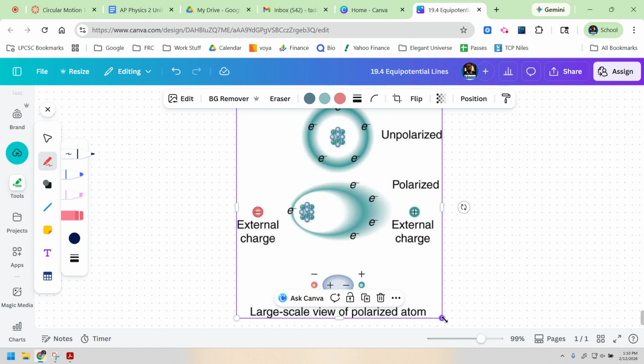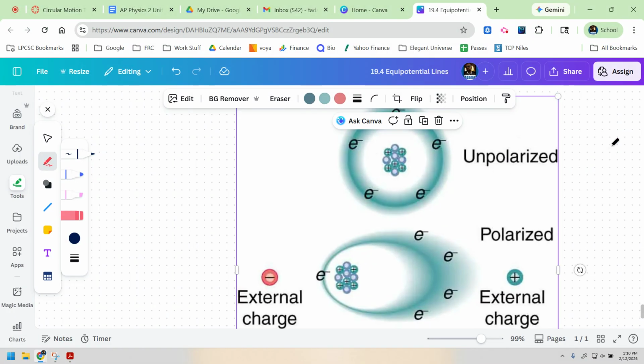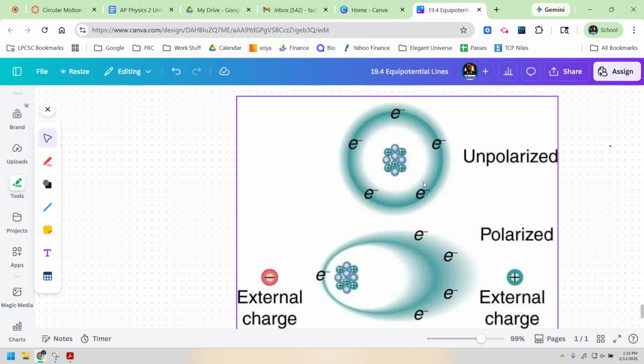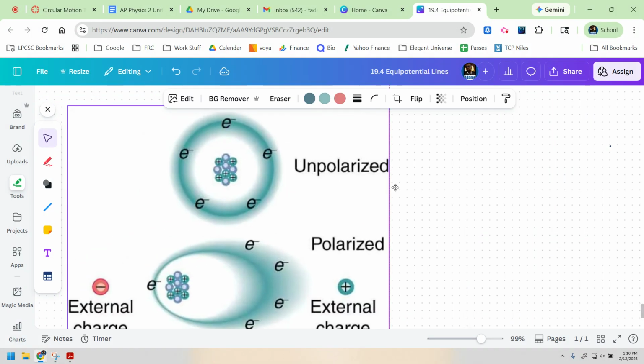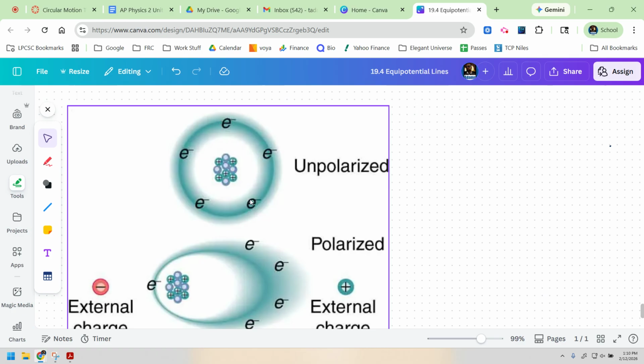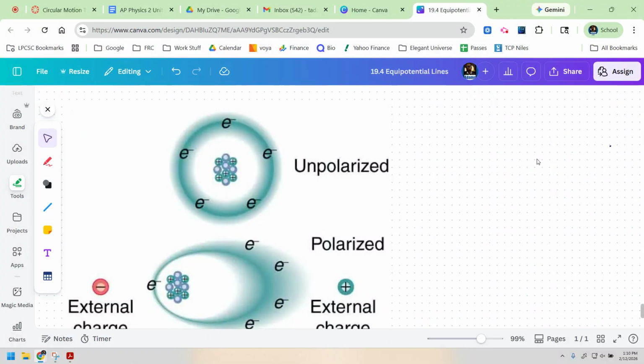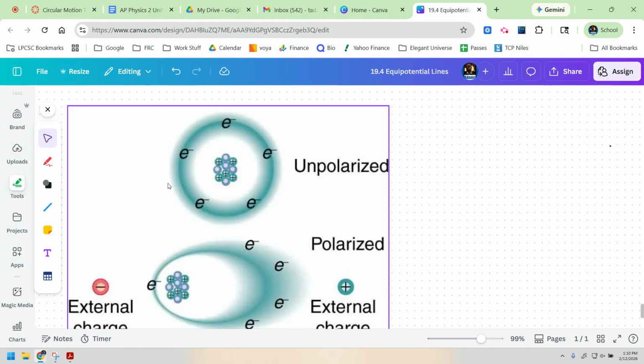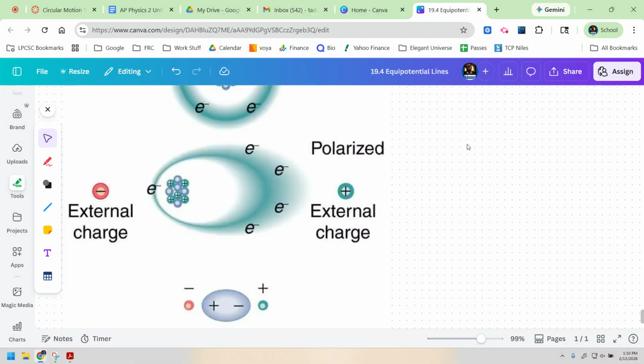And so in this image, this is kind of an artist's conception of a polarized atom, right? So this is like unpolarized. If you look at the first one, we say it's unpolarized because there's an even distribution. Theoretically, you have electrons that are negatively charged. They operate in a kind of orbital around the nucleus, which is mostly protons that have a positive charge.